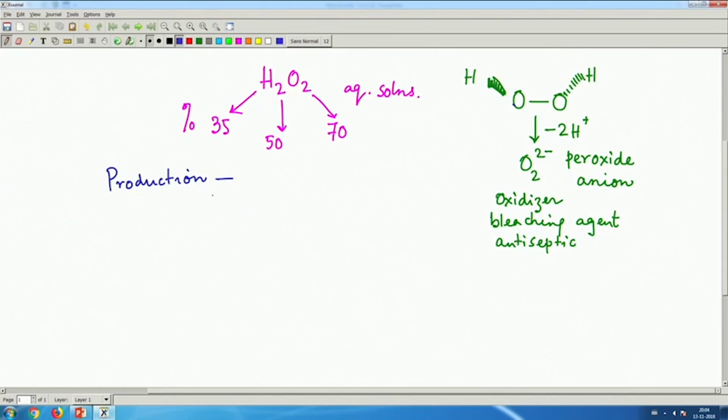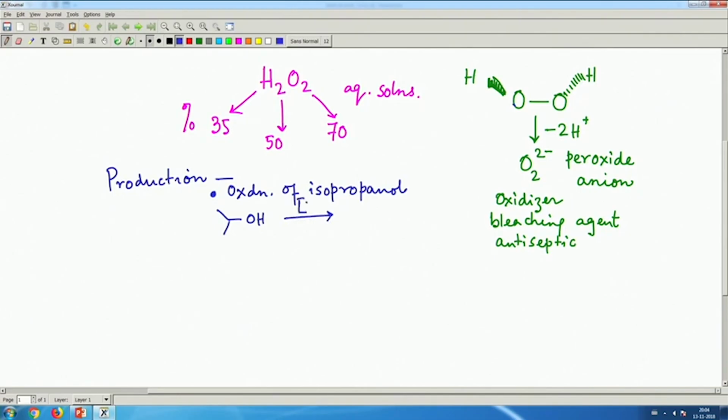So one such process where we can get the production of hydrogen peroxide is the oxidation of isopropanol. How can we oxidize this?